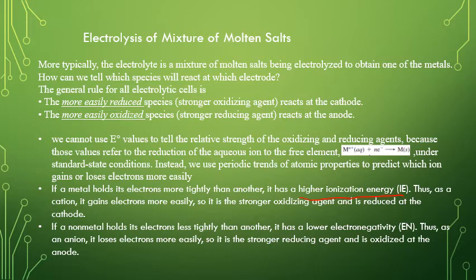The higher the electronegativity value is for a particular nonmetal, the more strongly it's going to hold on to those electrons, and so it will not be able to oxidize as easily. So we want to focus on the lower electronegativity value for the anions because again, they will be able to release that electron more readily from the atom.